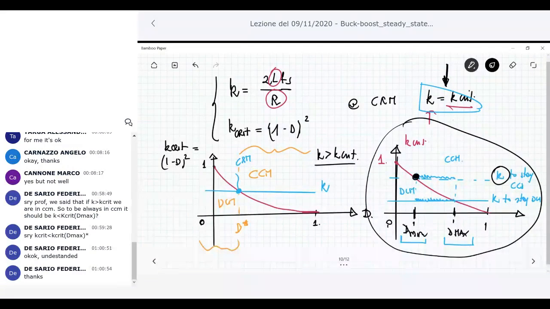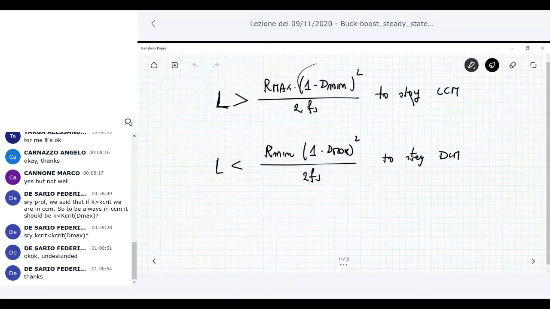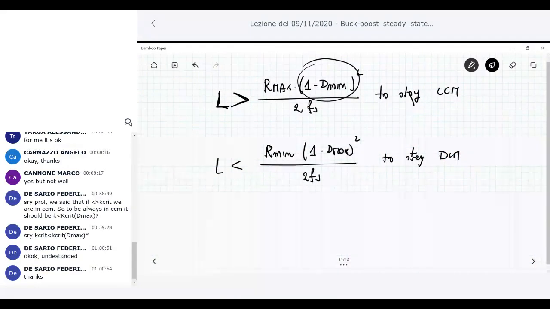Of course, you have to consider the minimum because this gives you the maximum possible numerator in this expression here. If I say that L is for the maximum possible numerator, I can be sure. This is another way to think about it. This is the reason why I have to put maximum R here.